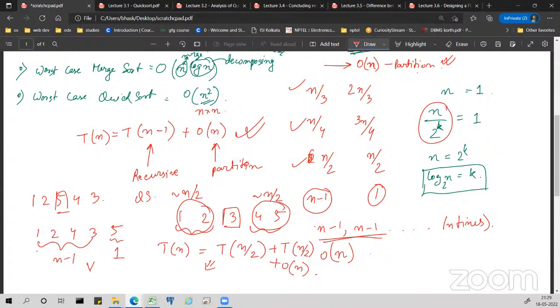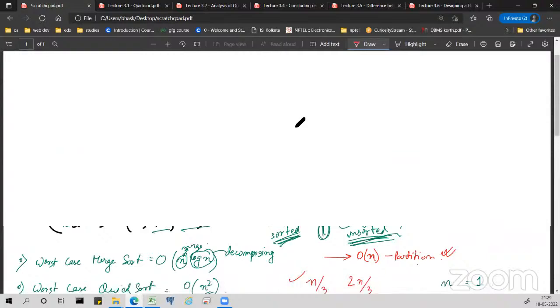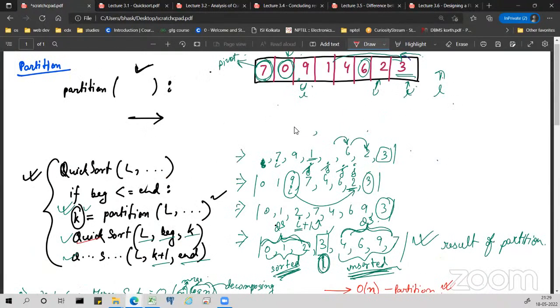So what to do? How to tackle that? We have not discussed in detail how to tackle that. What we do is basically we choose the pivot randomly. So in one run we choose, let's say, the last element as pivot. In the second run, corresponding to the same input, since we are calling quicksort recursively, in one call of quicksort we would consider the last element as pivot, in the subsequent recursive call we consider the middle element as pivot, in the next call maybe some other element.